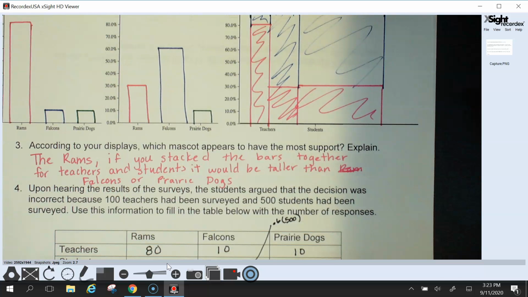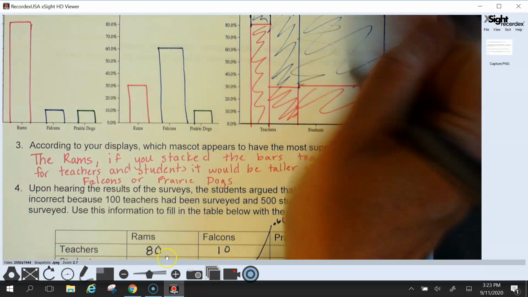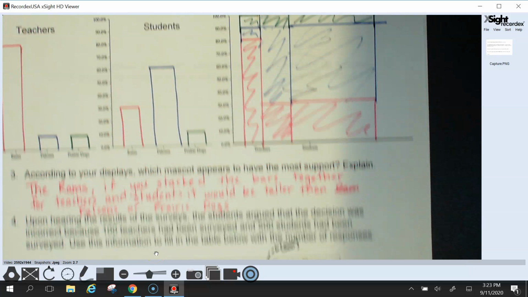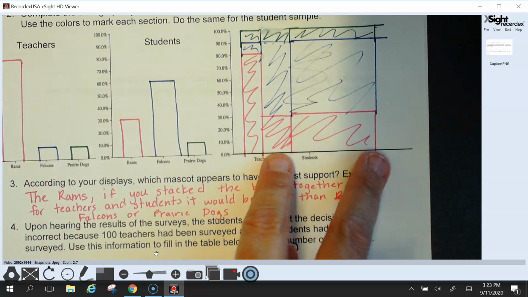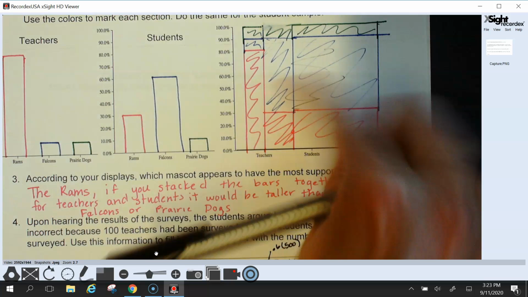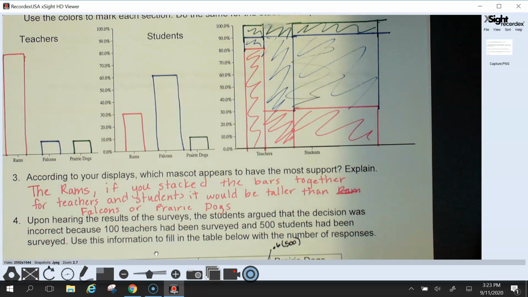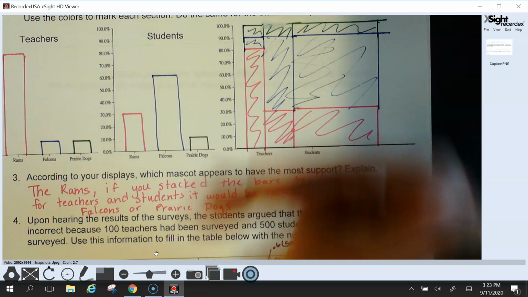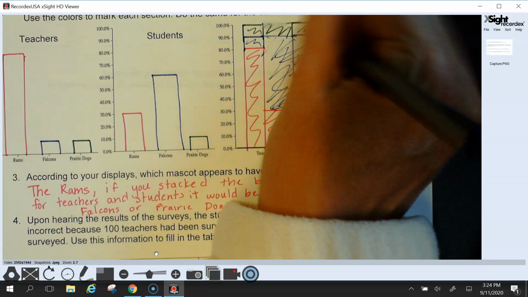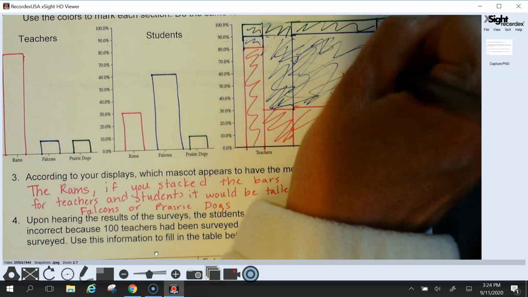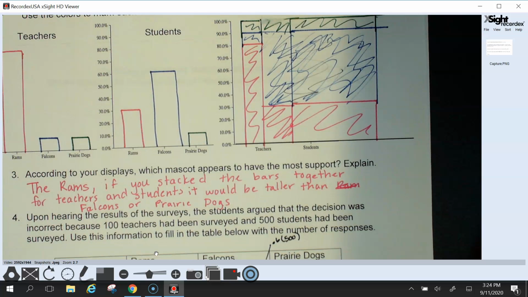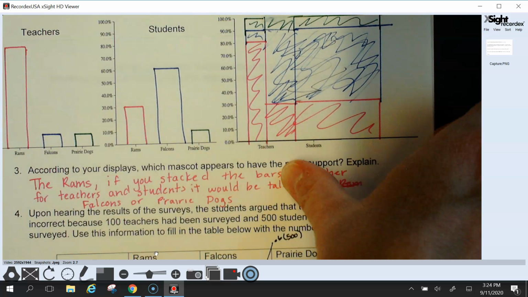I just need some more shading going on in here. Now you can see it's more of a 5-to-1 ratio, or 5 times. So I actually need more of my blue. Go ahead and make this here to make this work and get your color coding going. Okay.